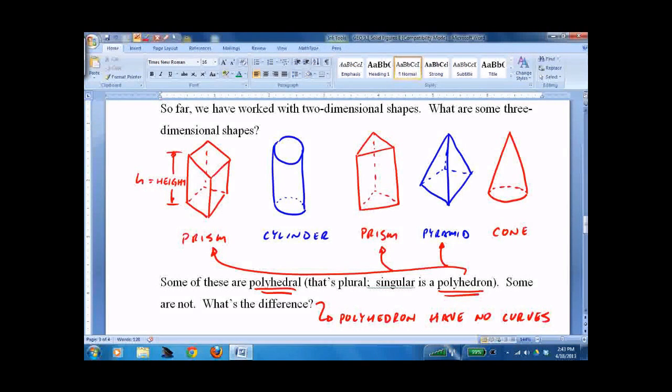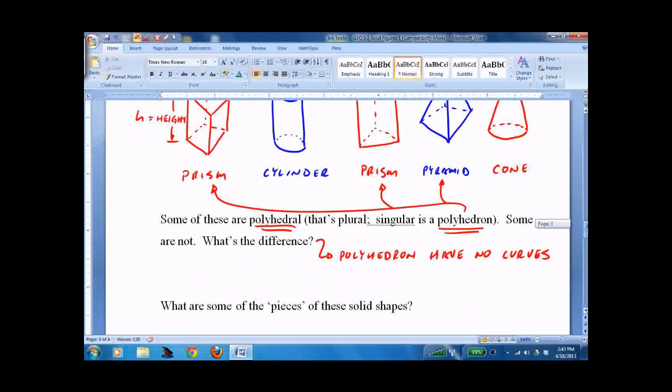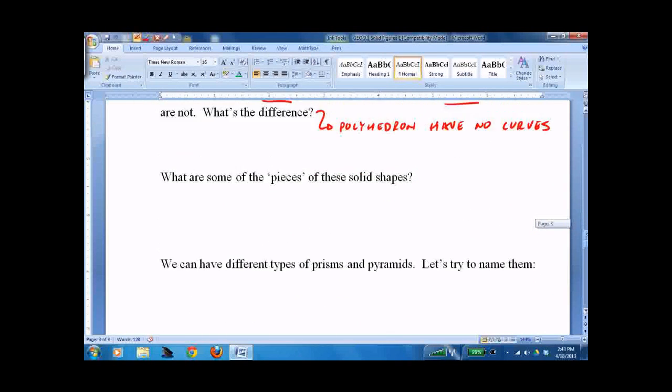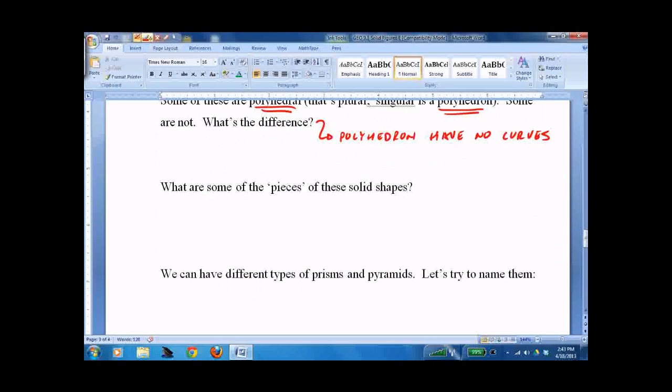All right. So what do we call some of the pieces of these solid shapes? Well, let's do a prism and a cylinder. And I'll have to draw the dotted line now that I think about it.